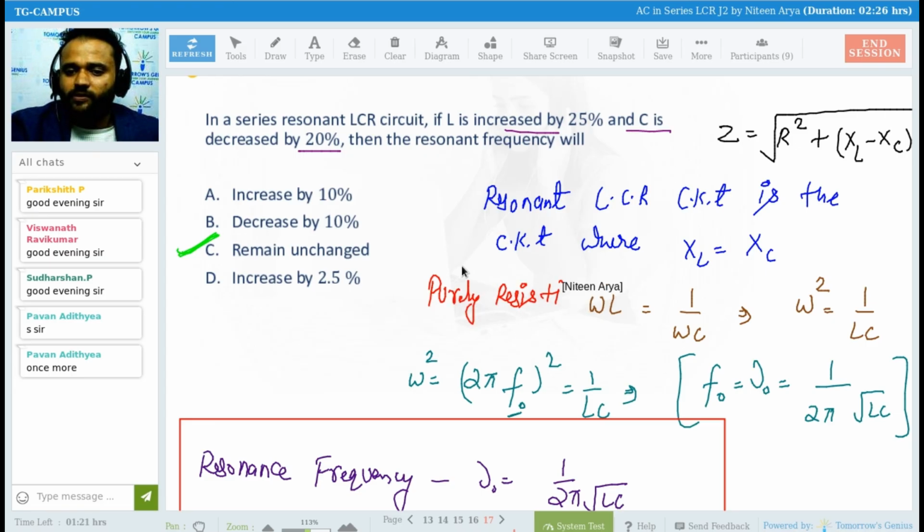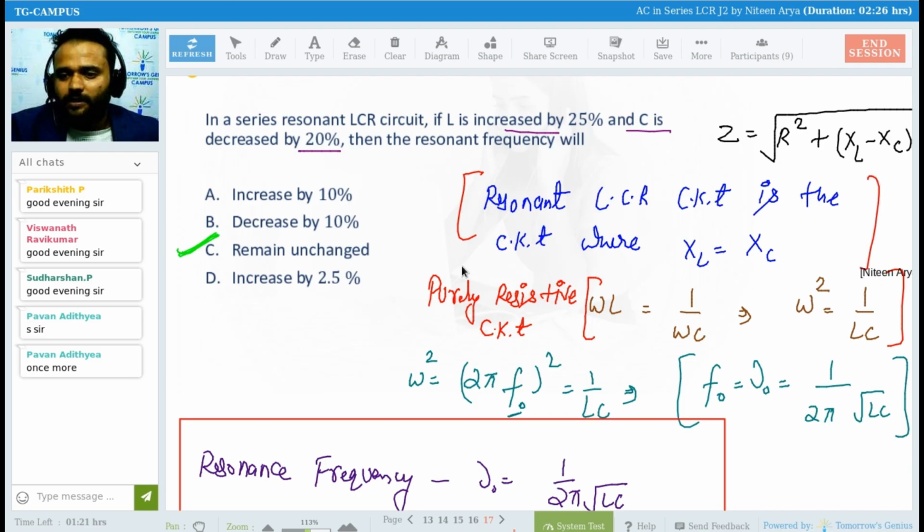I taught you the whole thing for resonance here. Clear, everyone? For a purely resistive circuit also I can find this, because in a resonance circuit XL equals XC, and the moment I put this, the net impedance Z for the LCR circuit is going to be R only.